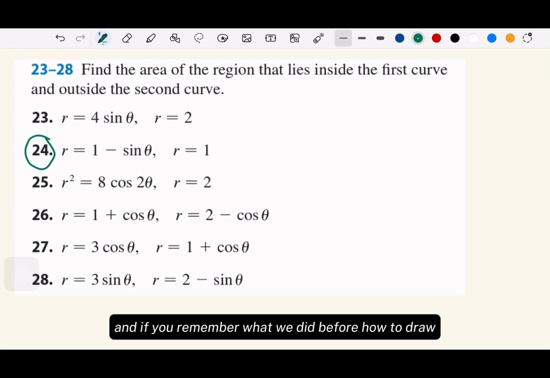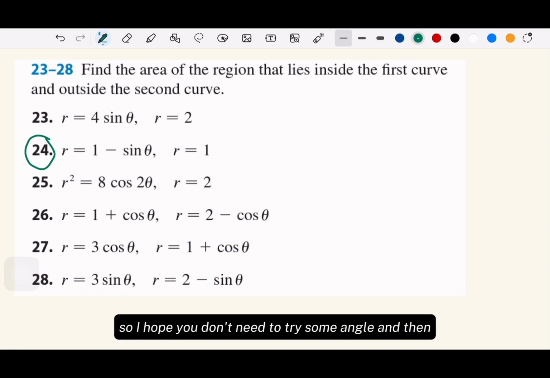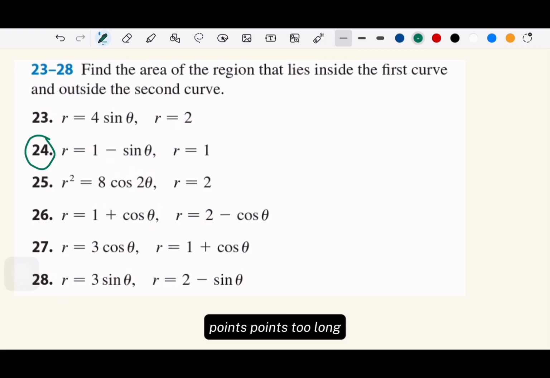If you remember what we did before on how to draw, this one should be a cardioid. I hope you don't need to try some angles and make points, which takes too much time.